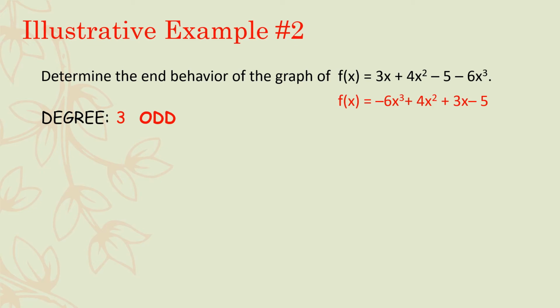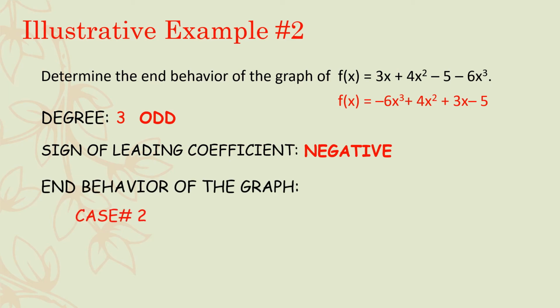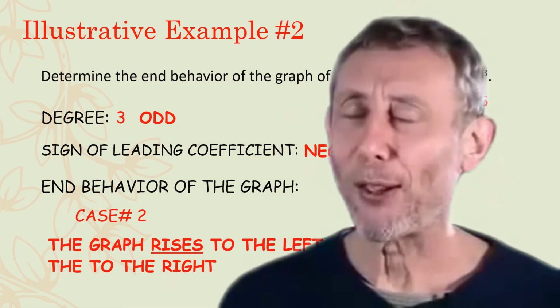To determine which case, you identify the sign of the leading coefficient, which for this one is negative. Since the degree is odd and the leading coefficient is negative, it is under case number 2, and the behavior is that the graph rises to the left and falls to the right.